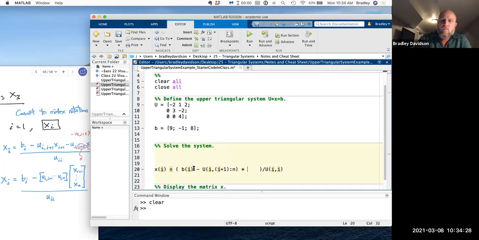And then we'll do a matrix multiplication times the elements of our x matrix that go from i plus 1 to n.